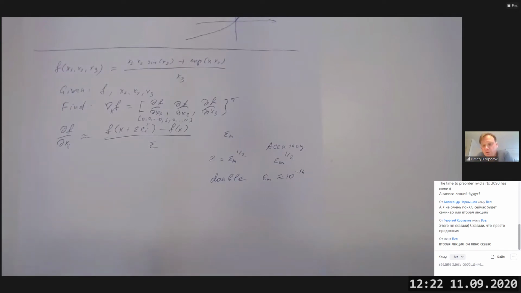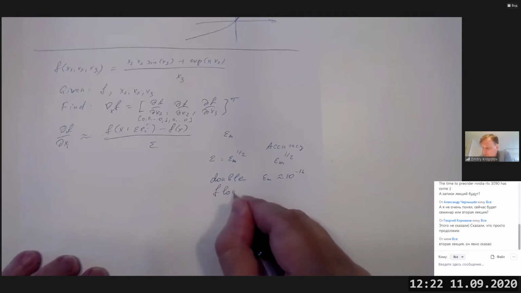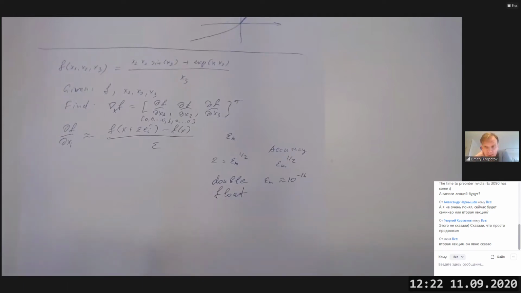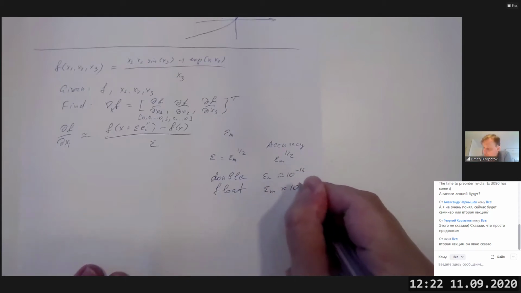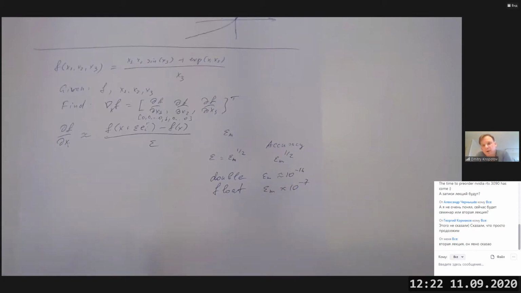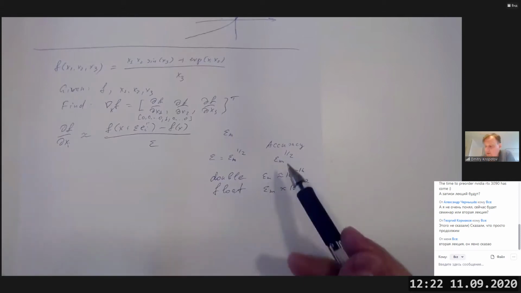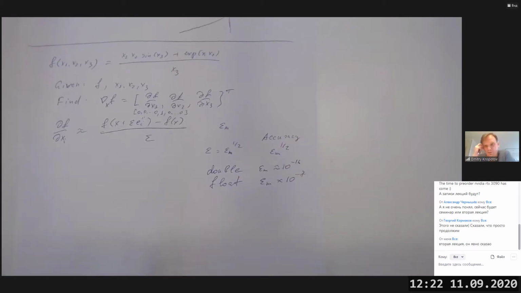And if we do calculation in floats, I mean in 32 bits, which is, by the way, the general situation when you do calculation on GPU, where people usually use 32 bit arithmetic, your machine precision is about 10 to the power of minus 7. So the square root, this accuracy, would be only 10 to the power of minus 3.